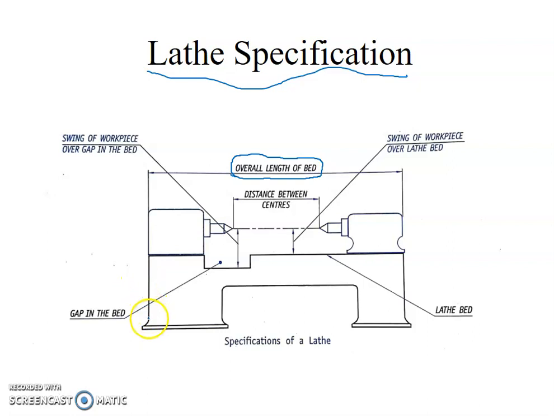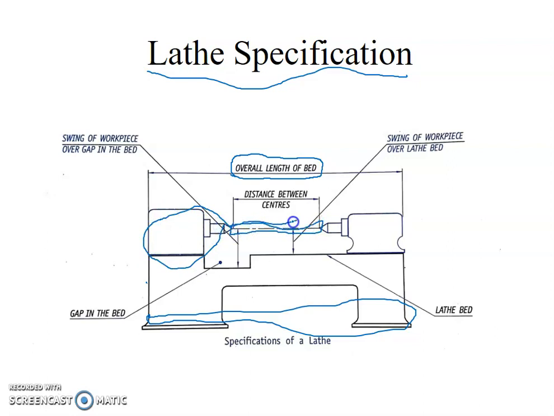This part is the bed of the lathe. The total length of the bed from this end to this end decides the size of the lathe. Next, distance between the centers. Here we have the live center on the headstock, and we can fix the workpiece here.